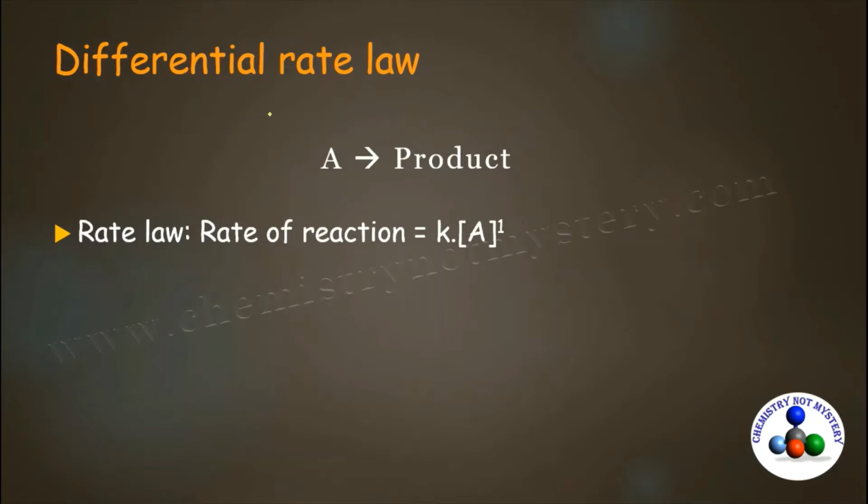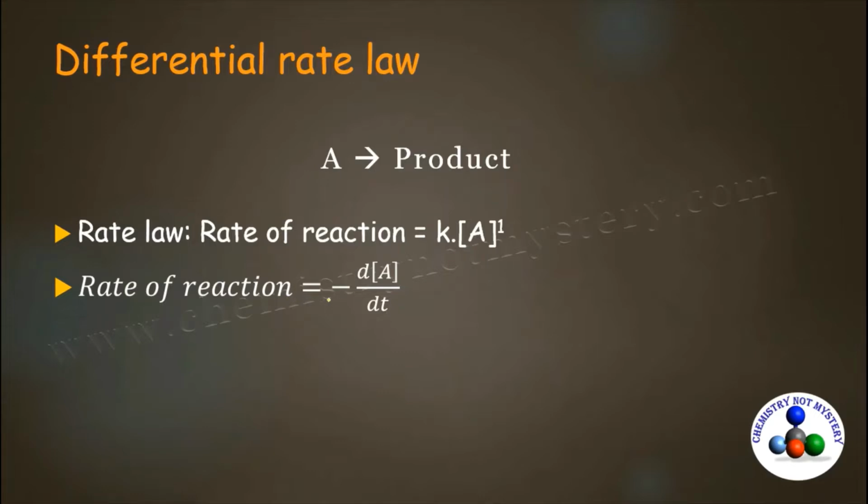Now come to the differential rate law. This is the general rate law in which rate of reaction is equal to rate constant multiplied by the reactant concentration raised to the power 1. Now write the rate of reaction as we studied in our earlier video. The rate of reaction can be expressed in terms of decrease in reactant concentration with respect to time.